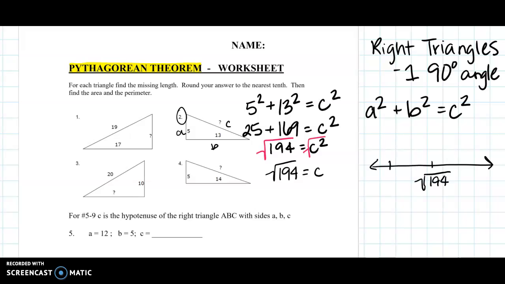I believe it is in between the square root of 169, which is 13, and the square root of 196, which is 14. And it's very, very close to 14, so we can call it 13.9. Approximately 13.9, rounded to the nearest 10th.